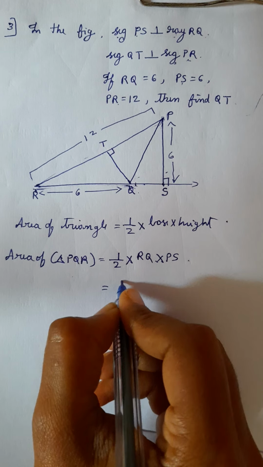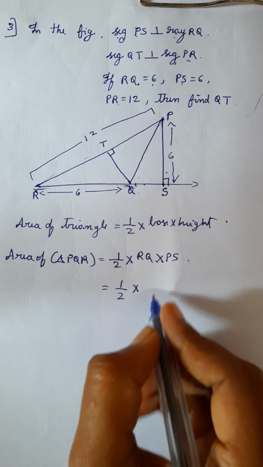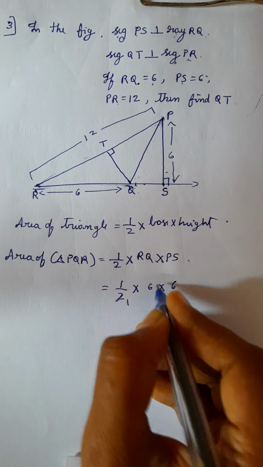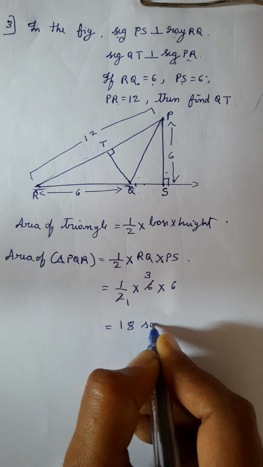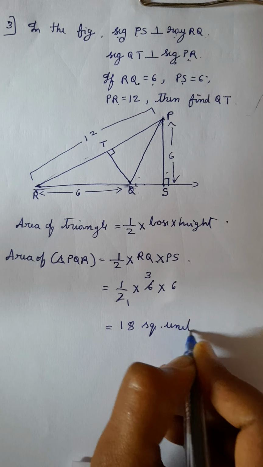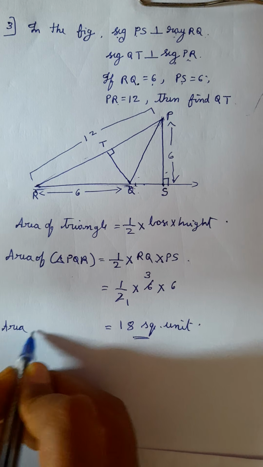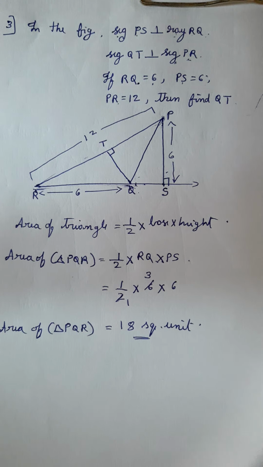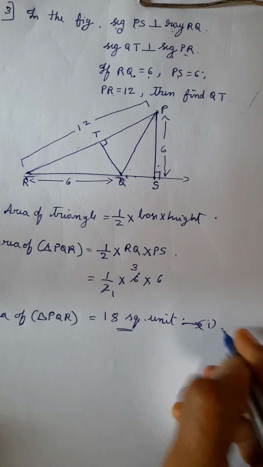So this is equal to half into RQ length given, that is 6 units, and PS length is also 6. So 2 ones are 2, 3 times, that is 18 square units. Always area should be in square units. So area of triangle PQR is 18. Consider this as equation 1.